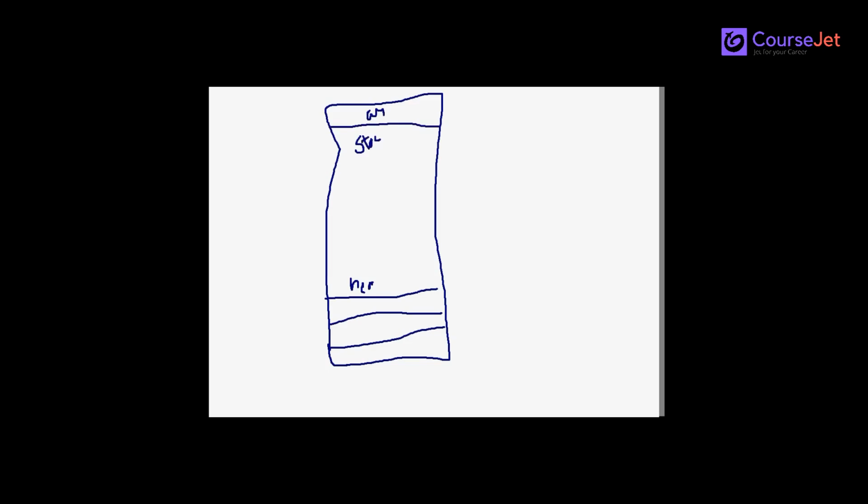We have also seen shared memory, which is allocated in between this area. When you create threads, the memory for these threads is allocated in this area only.